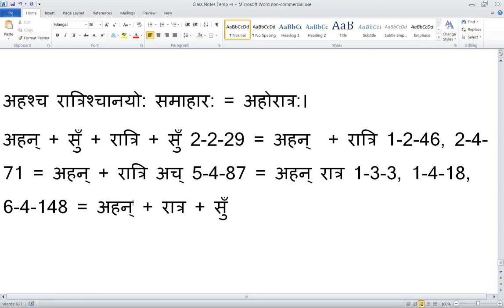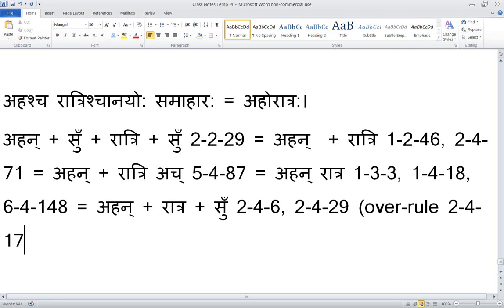Here, first of all, 246 Jatira Praninam, it is Nityam, it's going to be Samahara Nityam, so it's going to be Ekavachanam. We give ekavachanam, and then we are using 2429, which will overrule in this case 2417. Sanapumsakam is overruled. It will be only pumsi, and we get the pullinge.